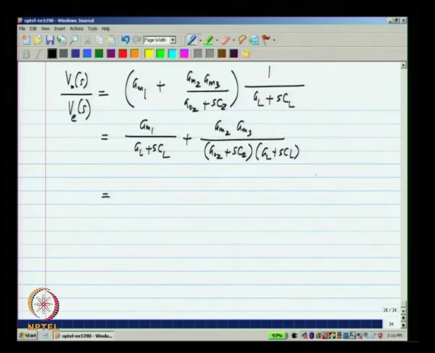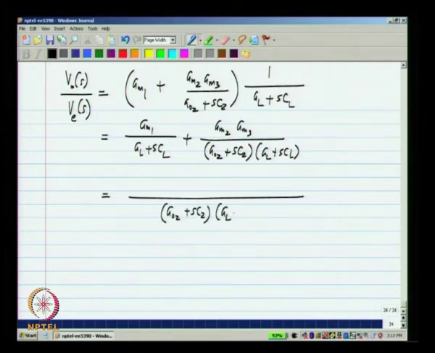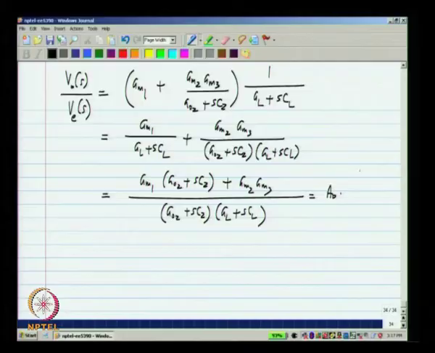Now, this can also be written as, okay. Now, this you can see is of the form some DC gain times a 0 divided by terms containing 2 poles.